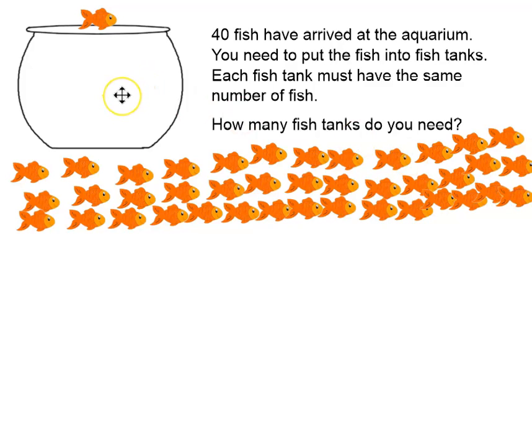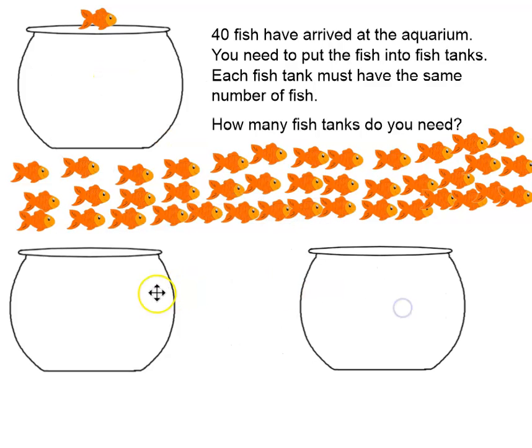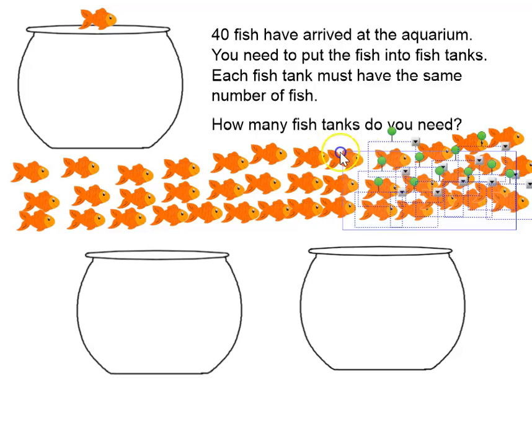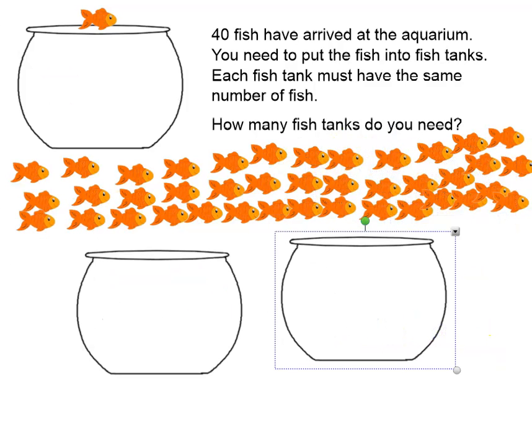So we're going to decide how many fish tanks we need. So let's start out with 2 fish tanks. Let's see how many we would have in each tank if we had 2 tanks. Let's go ahead. Let me put it to where these will show up.